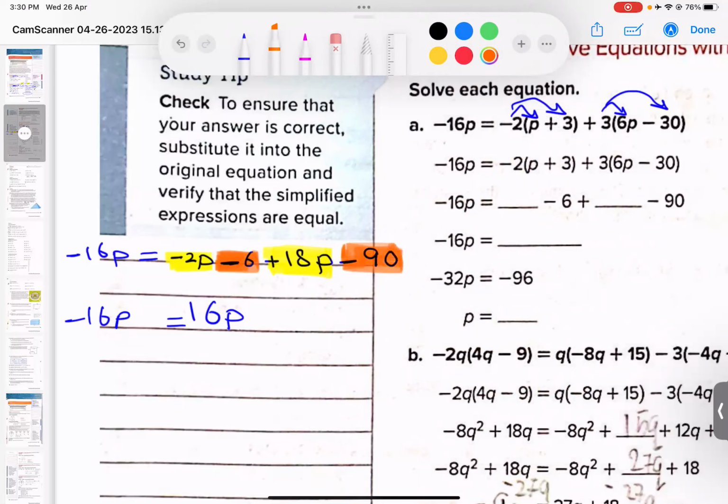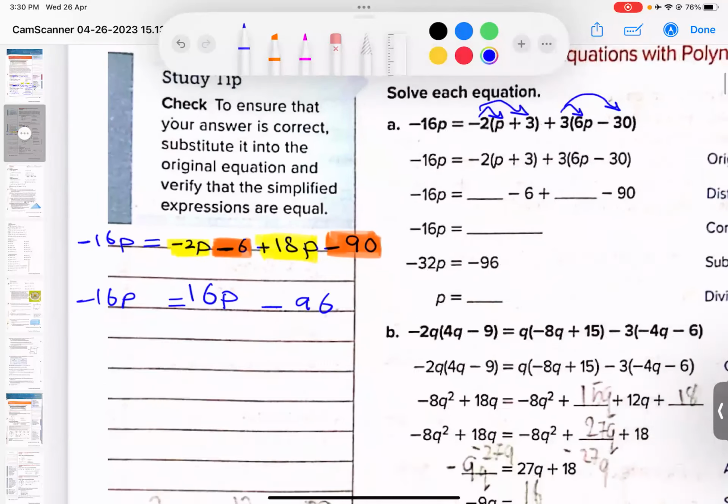So actually, we have the same sign, negative and negative, so we're supposed to add them together. So this one is -96, right?